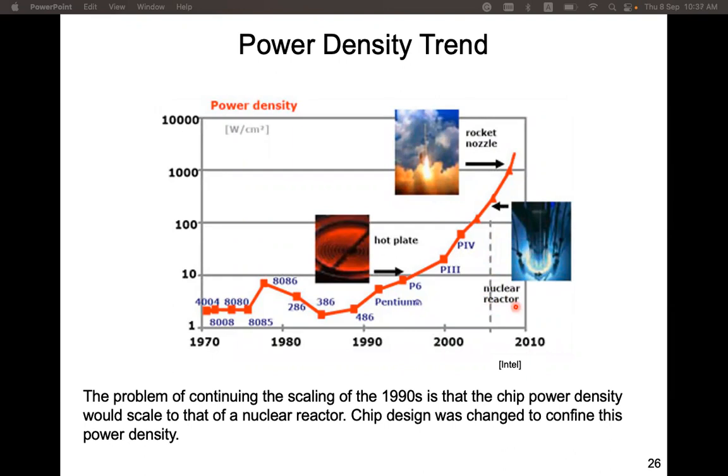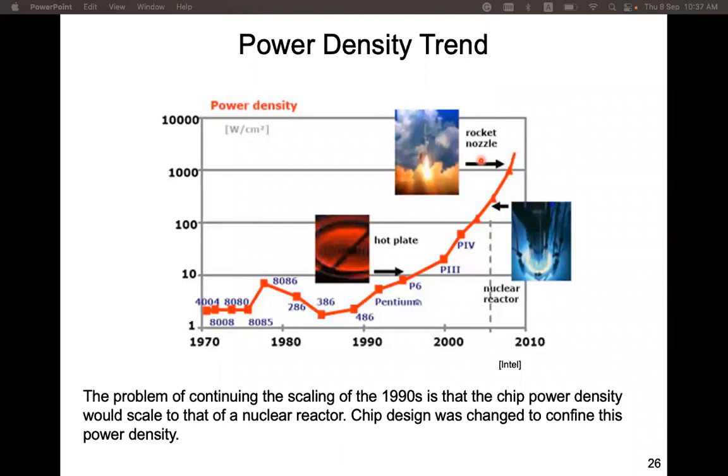Imagine the clock frequency is several gigahertz, and the chip size is small, maybe 2 centimeter by 2 centimeter. It generates a lot of heat. And if we further increase clock frequency, then the power density would reach that in a rocket nozzle.